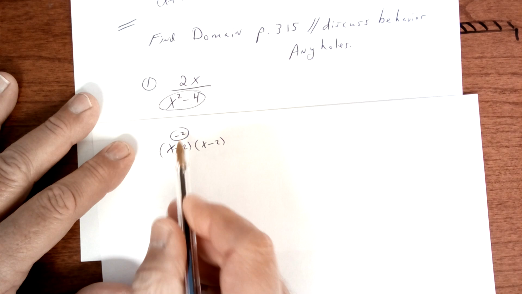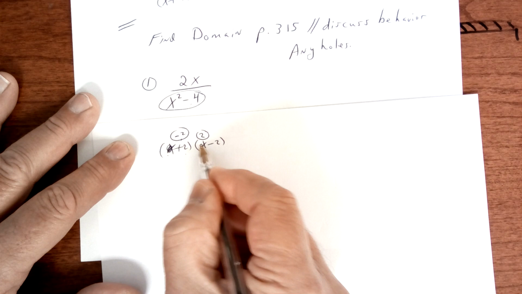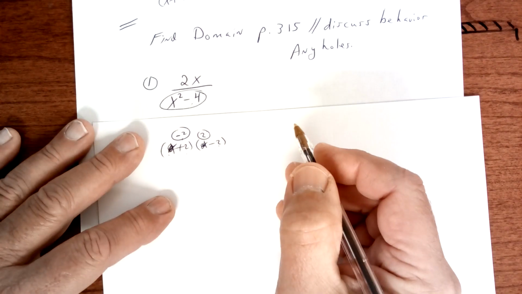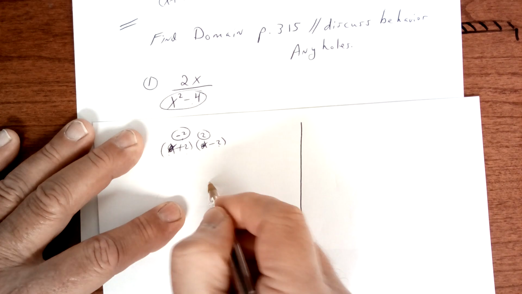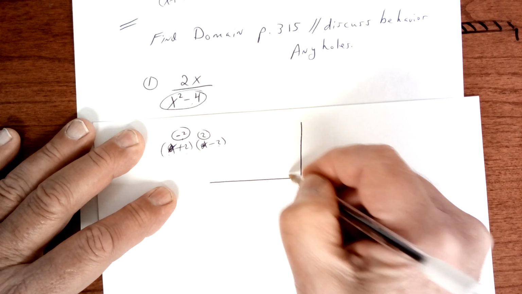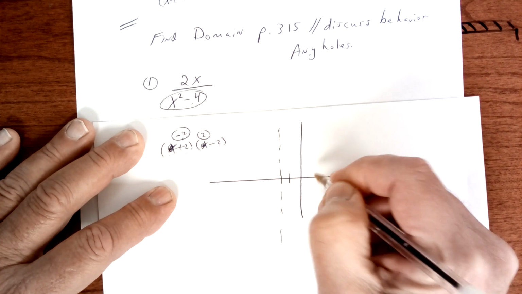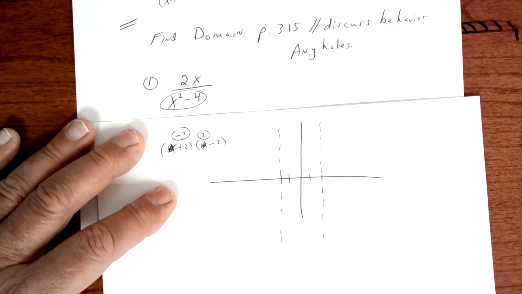Negative 2 plus 2 gives you a 0, and a positive 2 minus 2 gives you 0. So for the domain, your vertical, it looks like you're going to have two verticals. You're going to have at negative 2, and you're going to have at positive 2. And again, use your calculator to see how it looks.